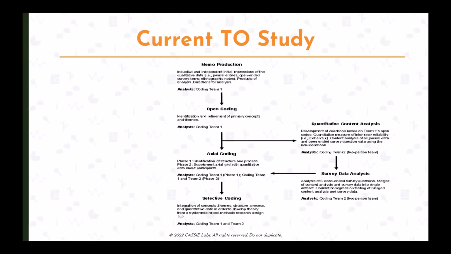So this was the original idea that we begin with memoing, which we've discussed, in order to help identify the concepts and the themes and then the relationships. And then the team takes those codes, and from those codes, we identify a primary process, again, that core theme, and a primary structure, the context in which that process takes place, changes, disappears, modifies, grows, shrinks, whichever set of adjectives you want to use, right?